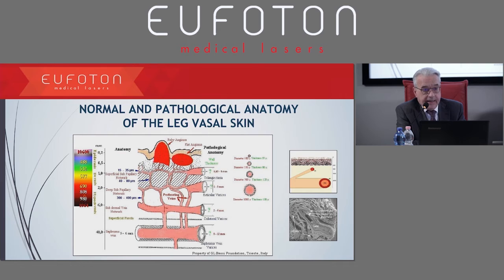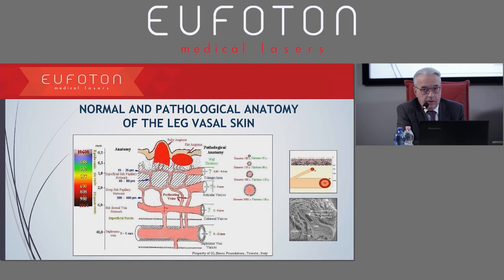This is a slide to give you an idea of how the vessels of our lower limbs are, and the 532 goes to 1 millimeter deep, so we risk not treating the telangiectasias completely.